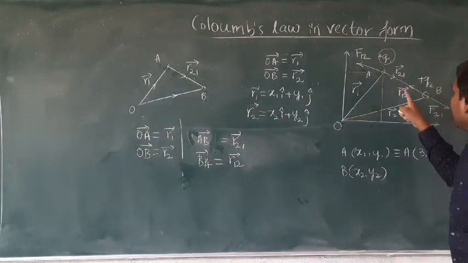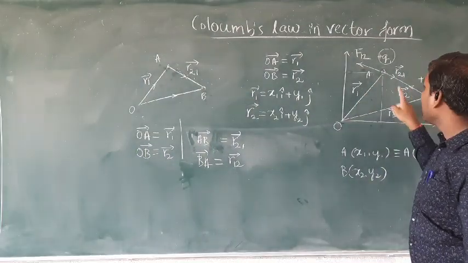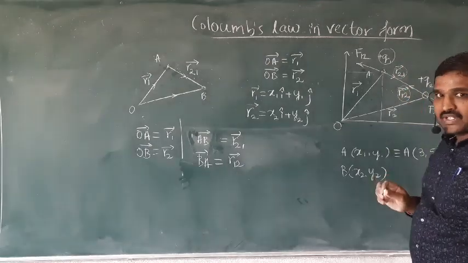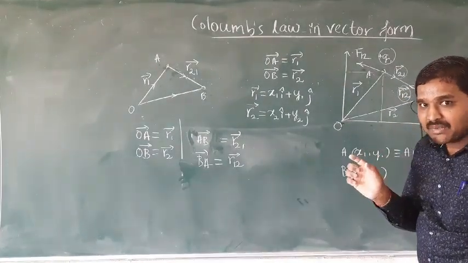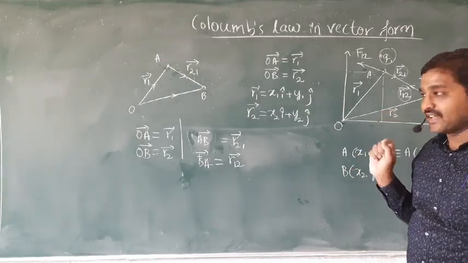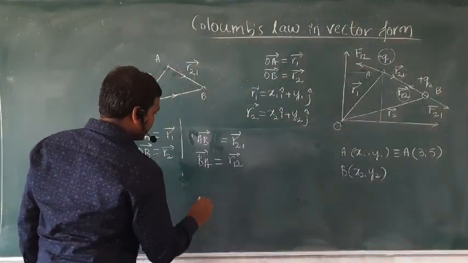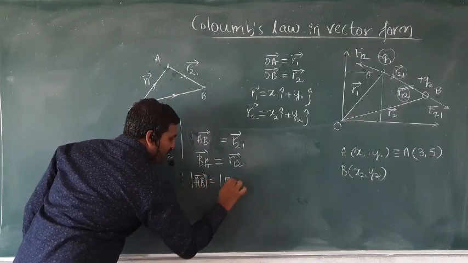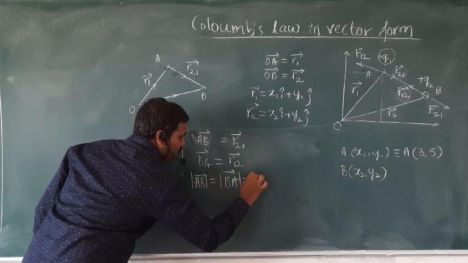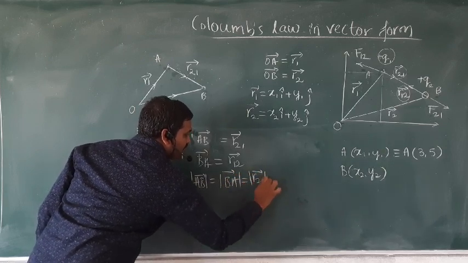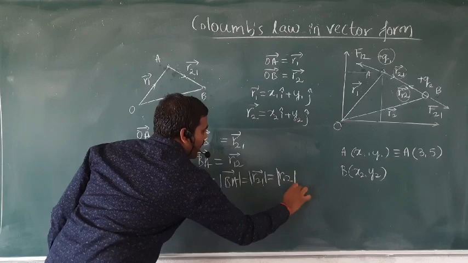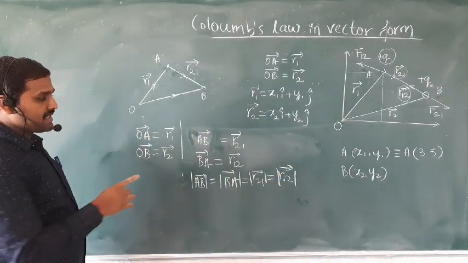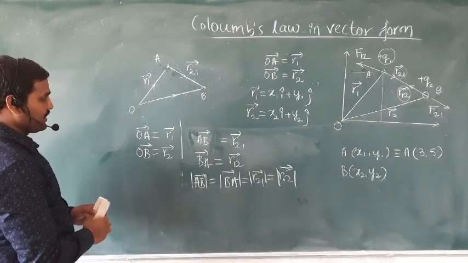Vector B to A I write as R12, and vector A to B I write as R21. Even though their magnitudes are the same, their directions are different. Right? So magnitude of AB is equal to magnitude of BA, which is equal to magnitude of R21, which is equal to magnitude of R12. All these values are the same, but directions are opposite to each other.